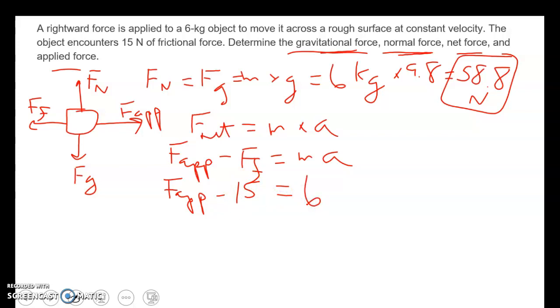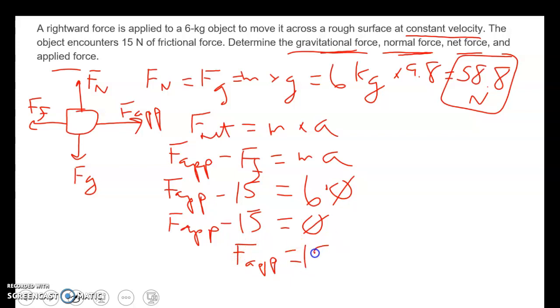Well, we read the problem again and we see this right here. Constant velocity. If we have a constant velocity, that means our acceleration is 0. So 6 times 0, which is 0. So force applied minus 15 equals 0, which means our force applied, if we add 15 to each side, is now 15 newtons.